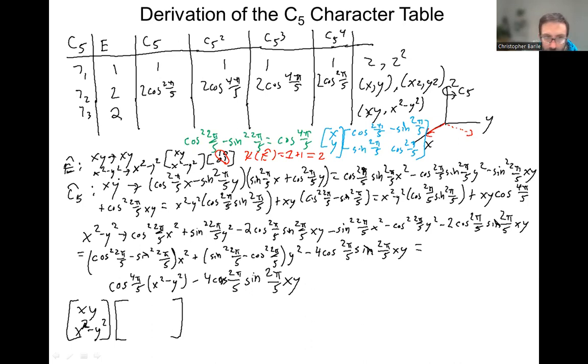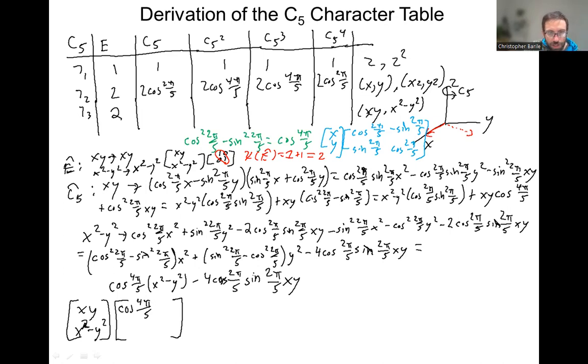So xy goes in something plus cosine 4 pi over 5 times xy. So this component here is going to be cosine 4 pi over 5. And then this component here, we don't really care about, but if we wanted to write that down, it would be cosine 2 pi over 5 times sine 2 pi over 5. Doesn't really matter, so we're not going to write it down.